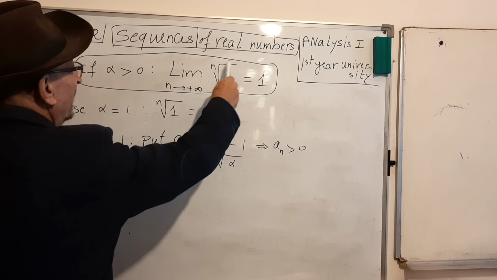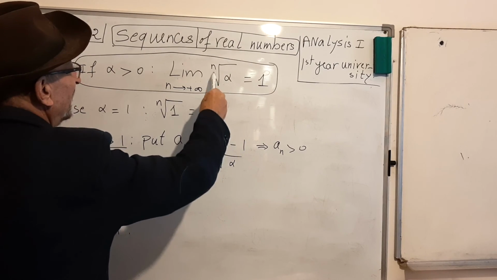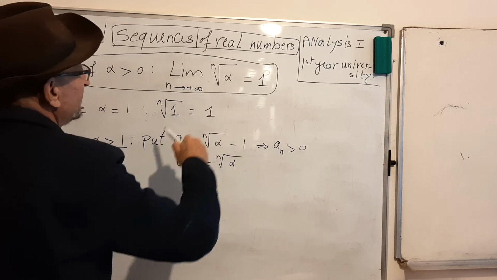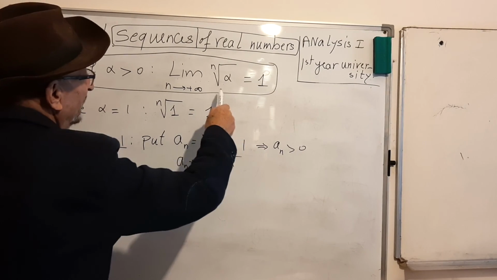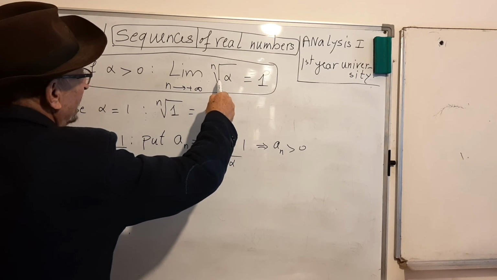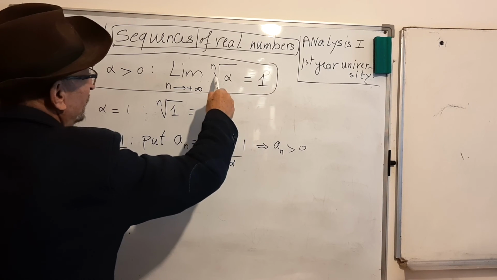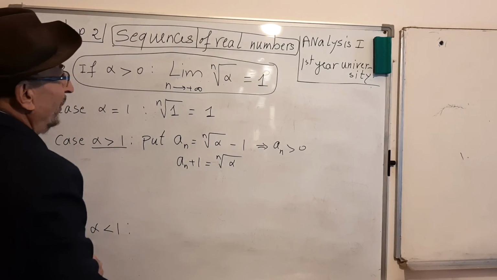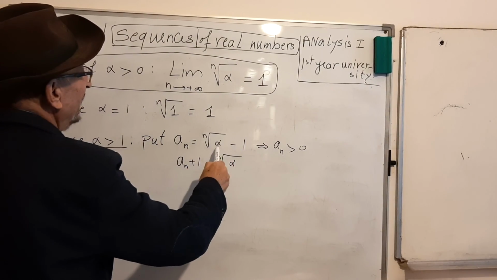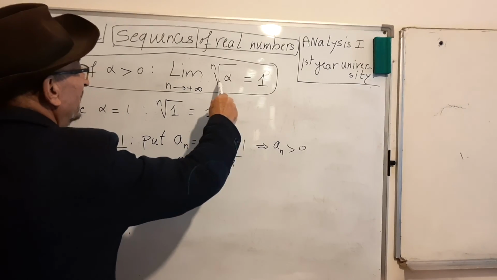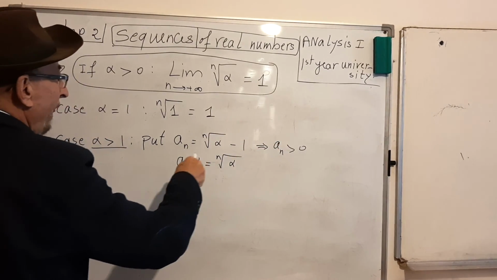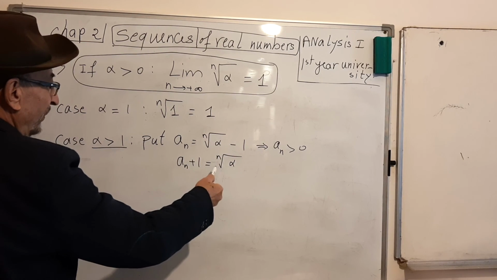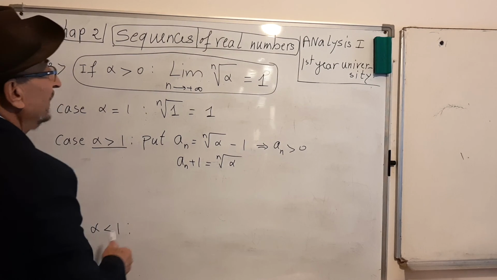If the limit of the nth root of alpha equals 1, then the nth root of alpha minus 1 is strictly positive. Then the nth root of alpha minus 1 is strictly positive. So an plus 1 equals the nth root of alpha.